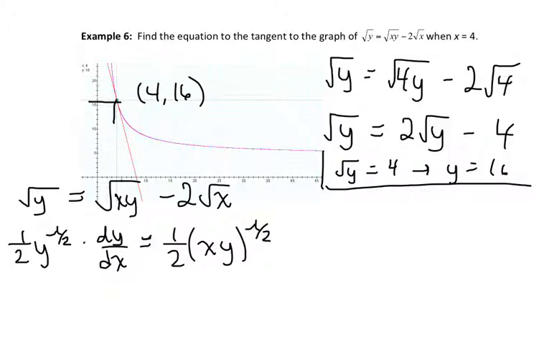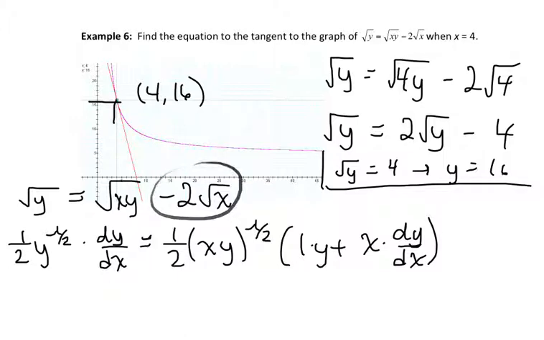So here's our outside for our chain rule, and now I need the derivative of the inside. So that's going to be 1 times y plus x times dy/dx. And now we need the derivative of this bit, which is negative 1 because of the 2 times a half, x to the negative half. And now I'm going to plug in my x and y values.